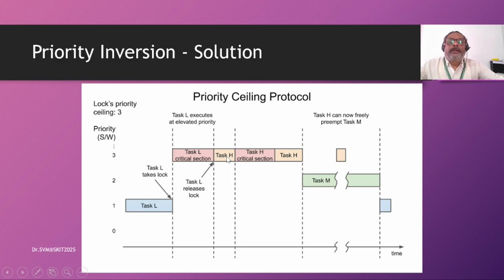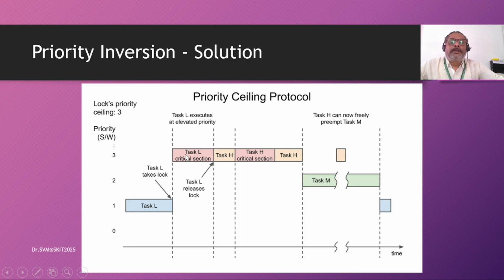Then we can start our high level process, and that high level process wants to enter the critical section which was supposed to use the same resource. In the previous example, this resource was held up, and the process holding it was preempted, and hence we had a problem.